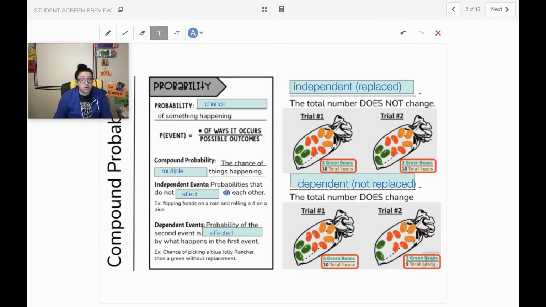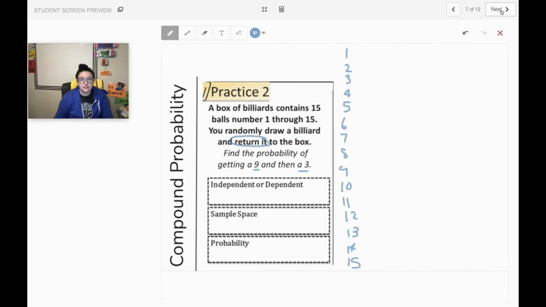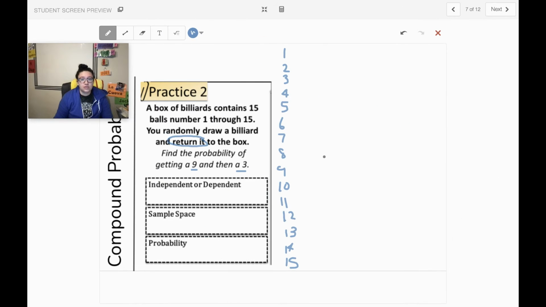No. My total number does not change because I put that ball back. I replaced it. So this is an independent event. The total number does not change on the bottom.